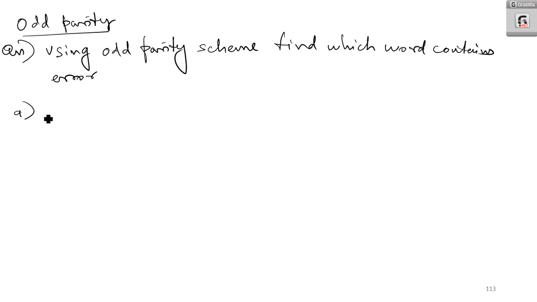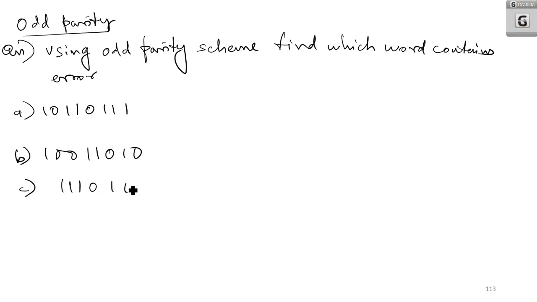So first question is 10110111. Second question is 10011010. Third is 1111110100101 0.